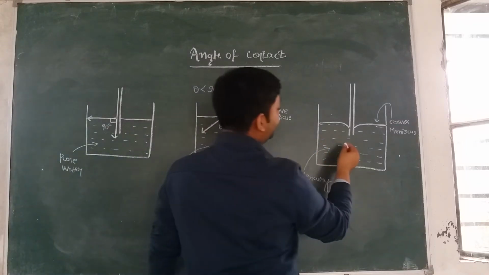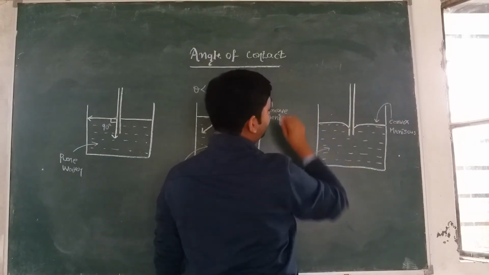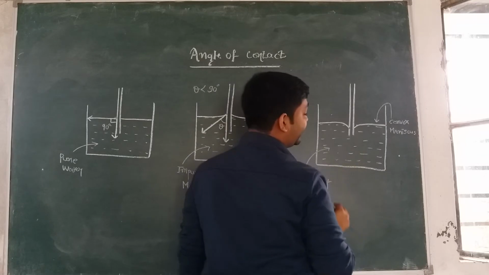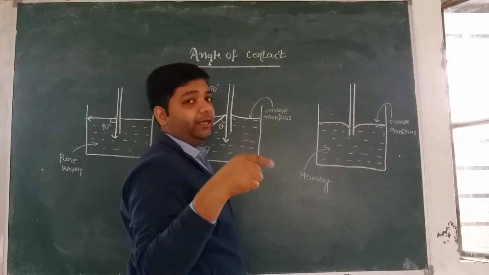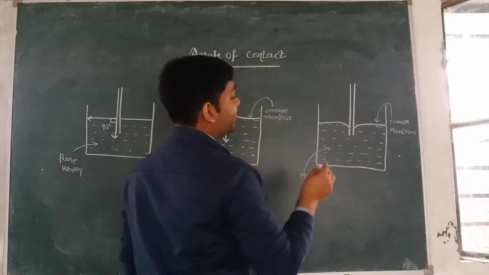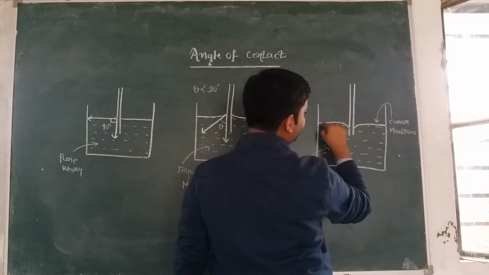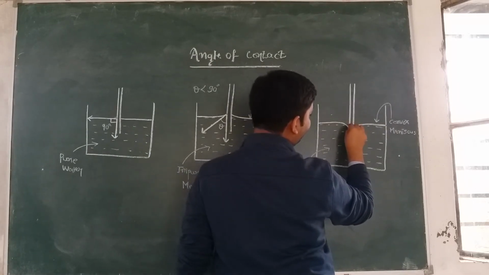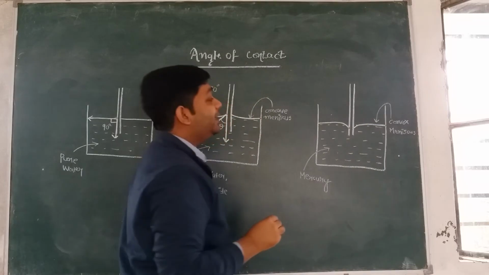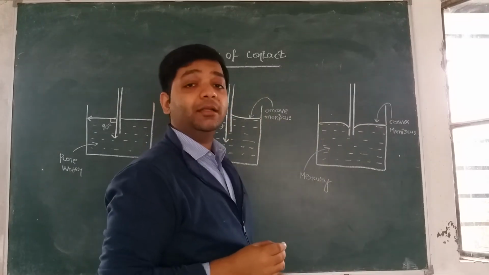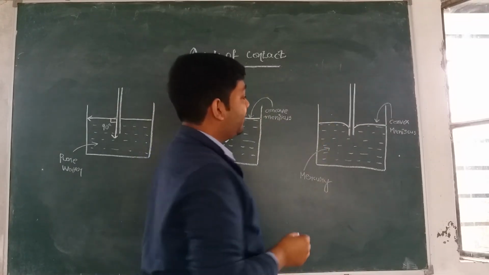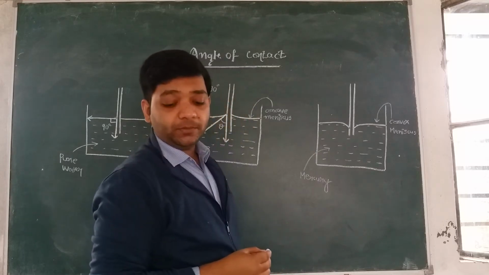Now come here. Again, to find the angle of contact, we have to draw a tangent to the liquid surface and then draw a tangent to the solid surface. Now if we draw a tangent to the liquid surface at this point, it should be such that it is away from the solid surface, right? So how will the tangent be drawn?